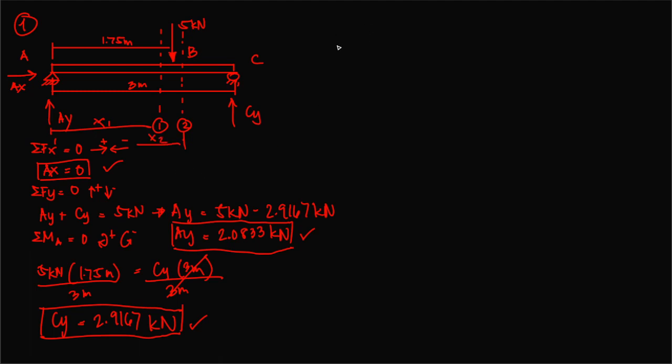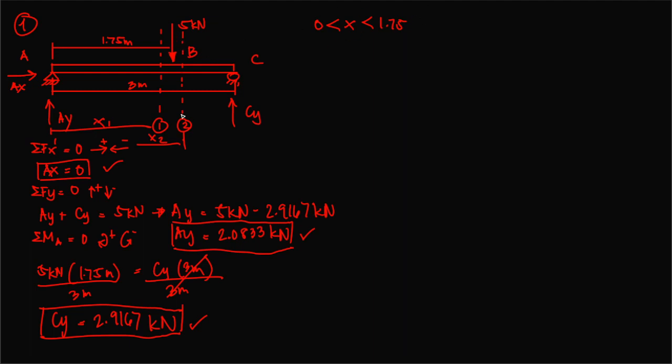So first things first, we have to try and assume the value of x. So right now 0 would be less than x, and then x would be less than 1.75. As you can see here, it is less than 1.75 and greater than 0.